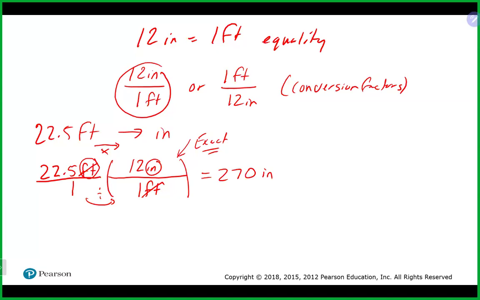The only time you have to think about significant figures for a conversion factor is if you cross over from metric to English or English to metric, except obviously that 1 inch is 2.54 centimeters. In this case, that would mean this is really the only number we would have to look at in terms of significant figures, and we would have 3 significant figures.